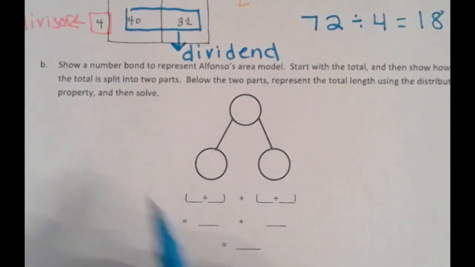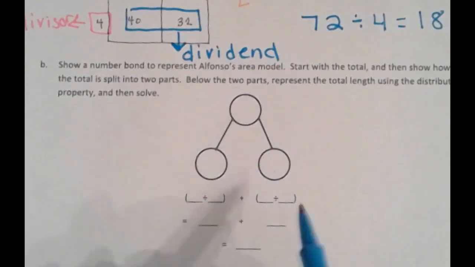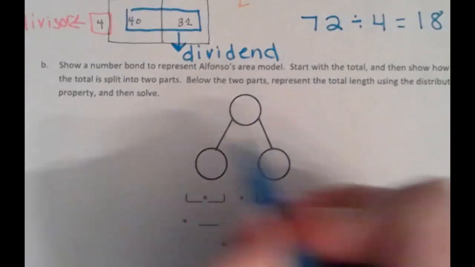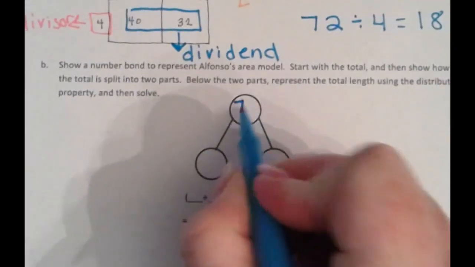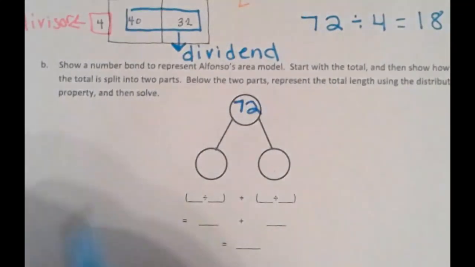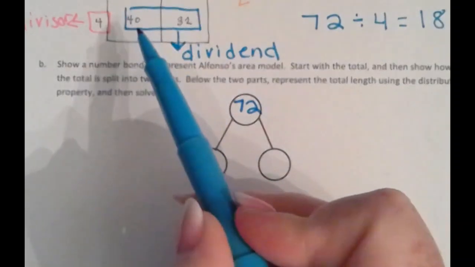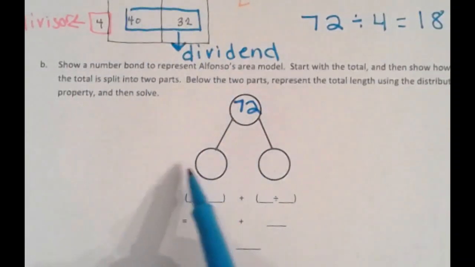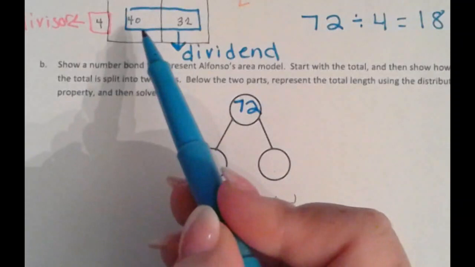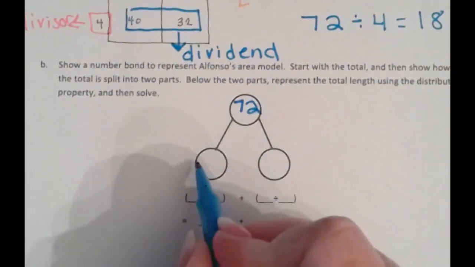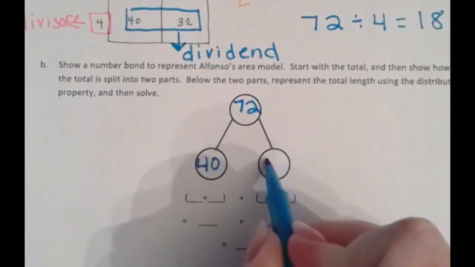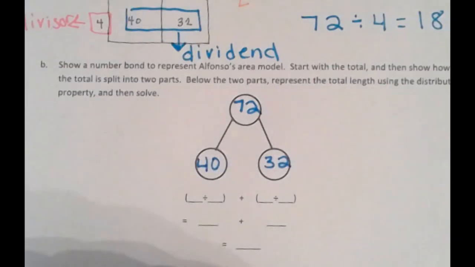So basically what we just did on our number bond, we're going to do the same thing here for Alfonso. Our total number was 72. In his area model up here, we can see the 2 parts that are going to go in our number bond. We had 40 and we had 32. So we'll put 40 here and we'll put 32 here.